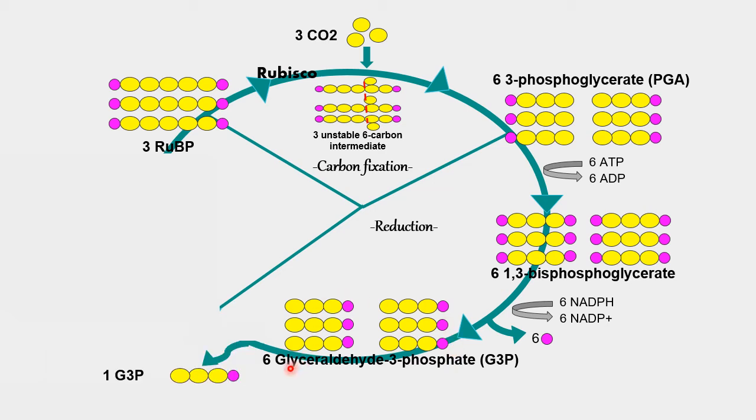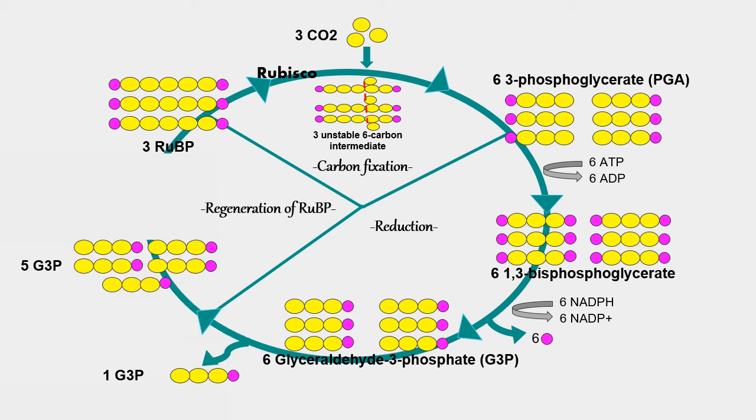After that, 1 molecule of G3P will leave the cycle. And the other 5 G3P will continue with the cycle into the last phase, that is the regeneration of RuBP.